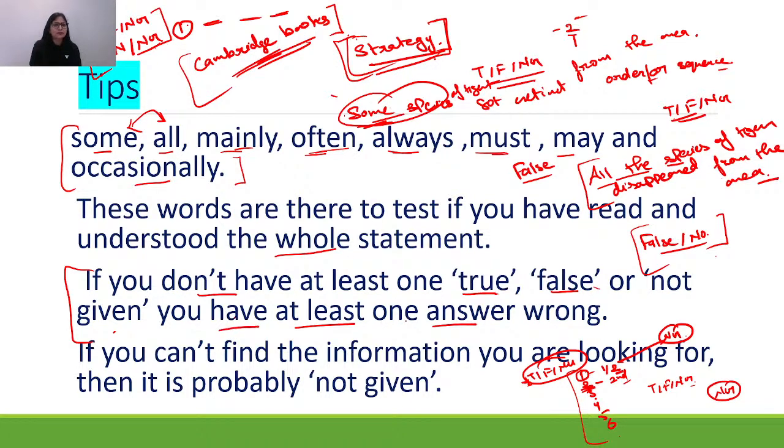If you can't find the information you are looking for, then the answer is probably not given, which I've already told. Instead of wasting time, we should move on to the next question, right?